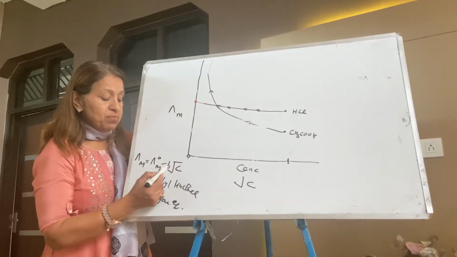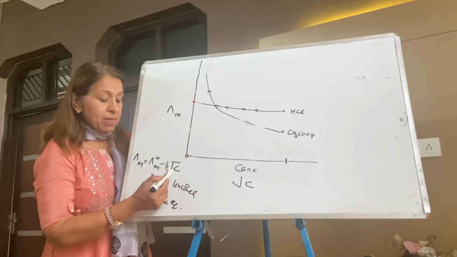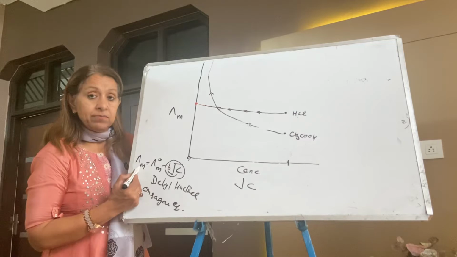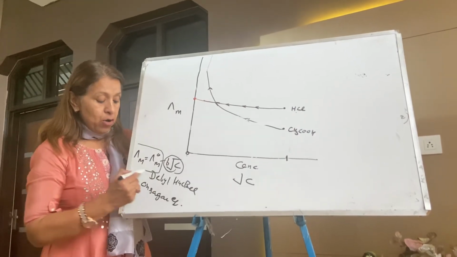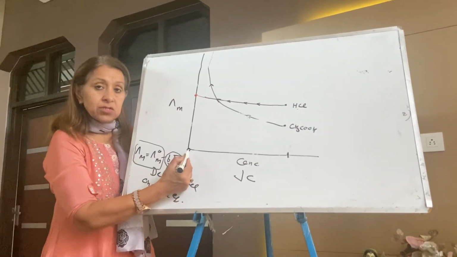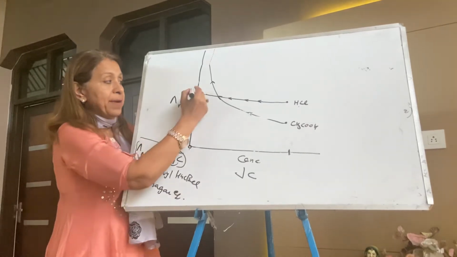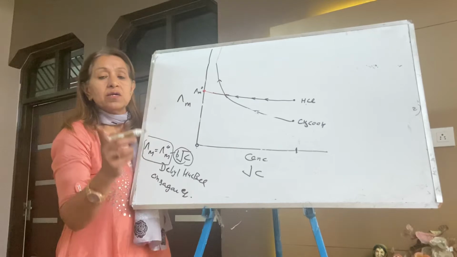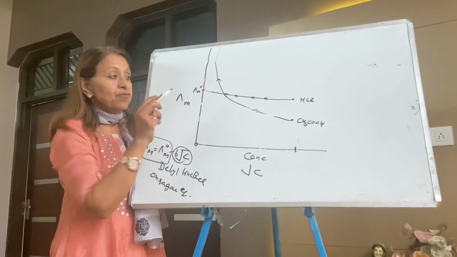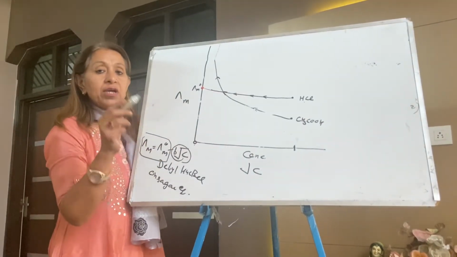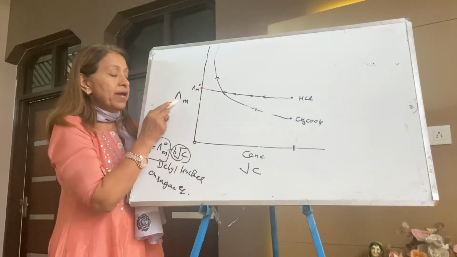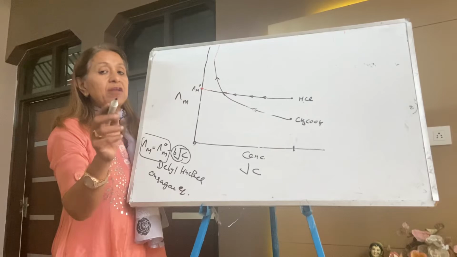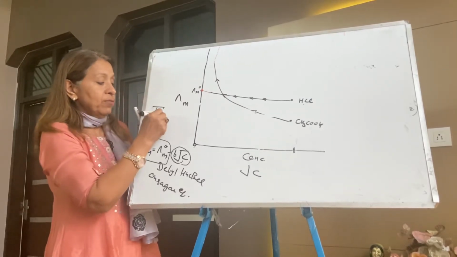B is a constant, you will just check. When the concentration approaches 0, then lambda m is equal to lambda m naught. So from this graph, we can calculate the molar conductance of a strong electrolyte at infinite dilution.